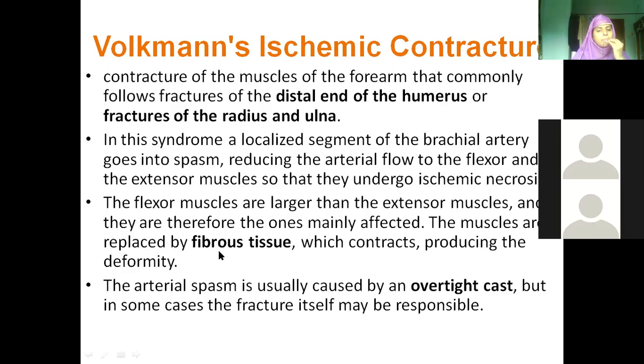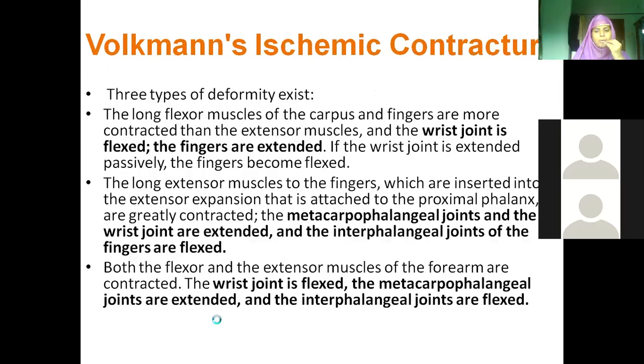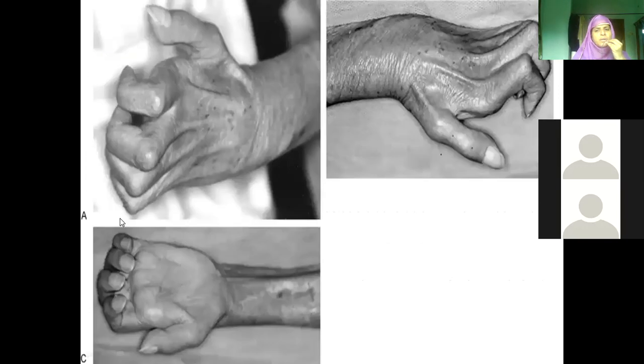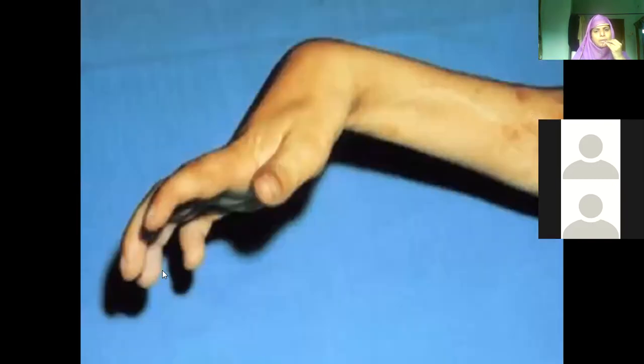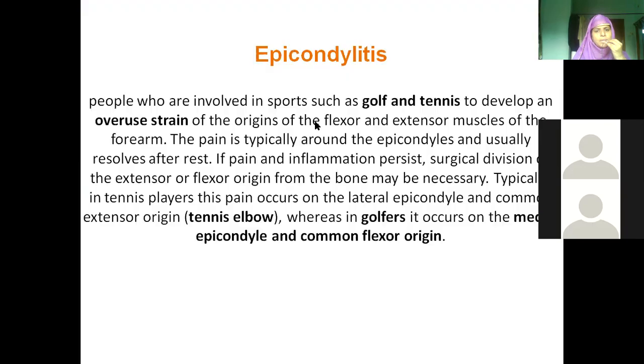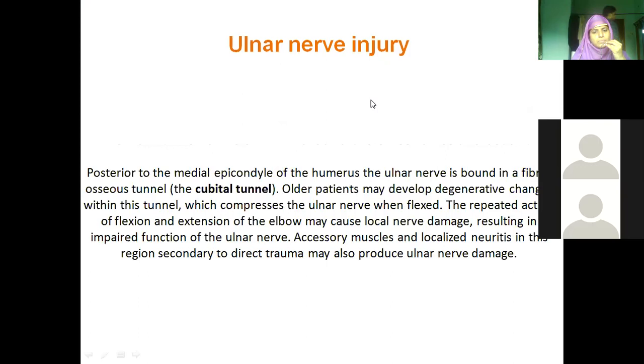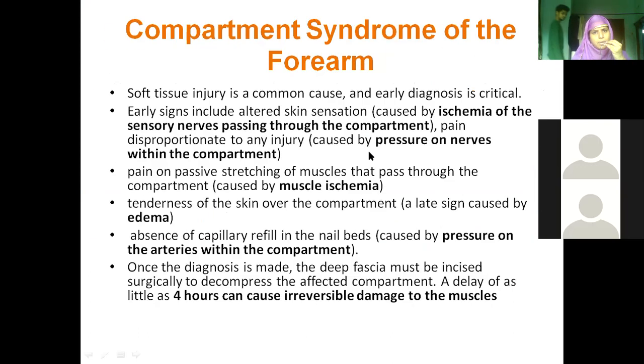Because there is no proper blood supply, it leads to the formation of fibrous tissue. You can see better here, this is the contracture. Volkmann's ischemic contracture. Itis means inflammation. Ulnar nerve injury and all I will discuss when we go into that.